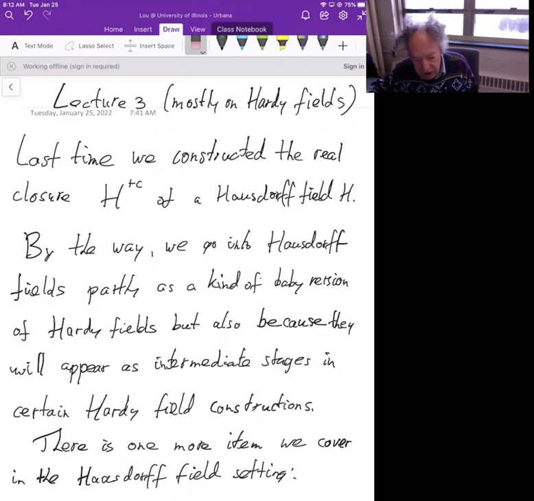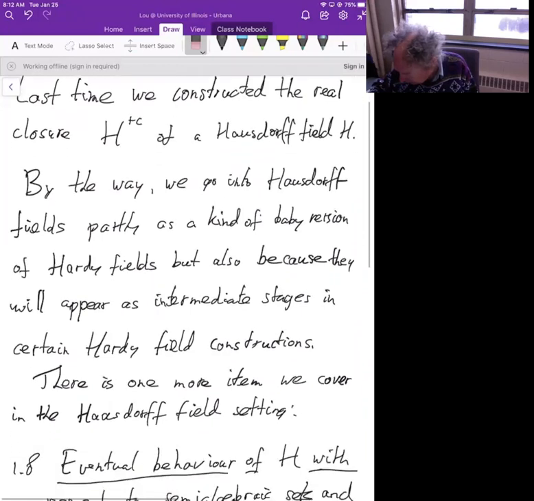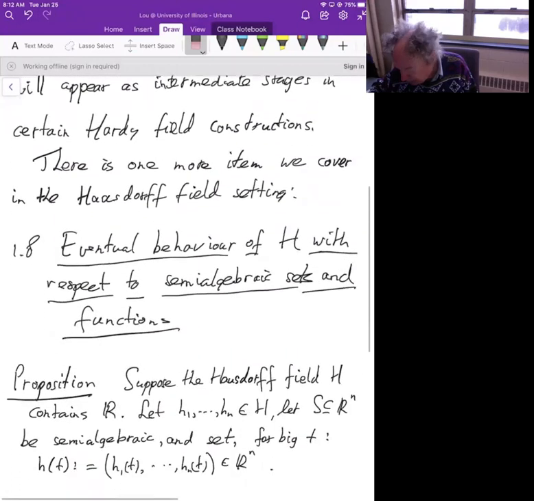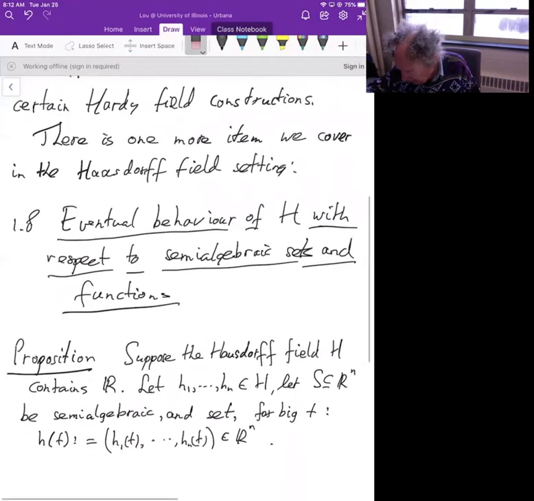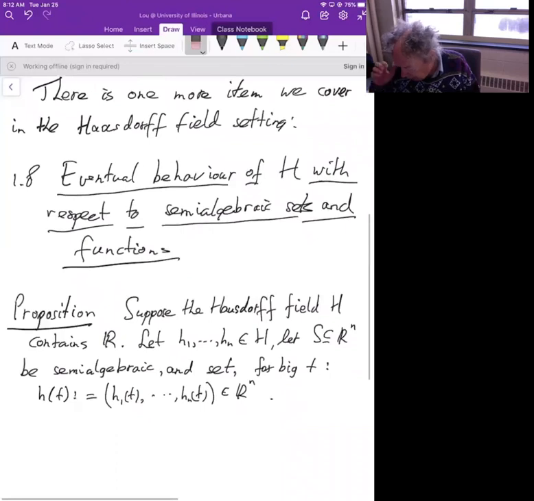And there is also one more item that I want to cover in the Hausdorff field setting, because it will be used later on in certain arguments about Hardy fields. This is about the eventual behavior of elements in a Hausdorff field H with respect to semi-algebraic sets and functions. This will really put the real closure of a Hausdorff field on the map, because it will basically tell you why this real closure is so useful.